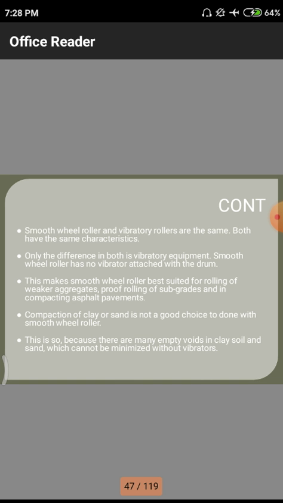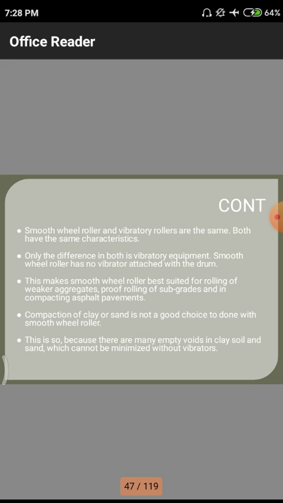The major difference between the vibratory roller and the smooth wheel roller is that in the vibratory roller there may be a huge amount of vibration while the roller is moving along a particular length, whereas in the smooth wheel roller we do not have these vibrations.